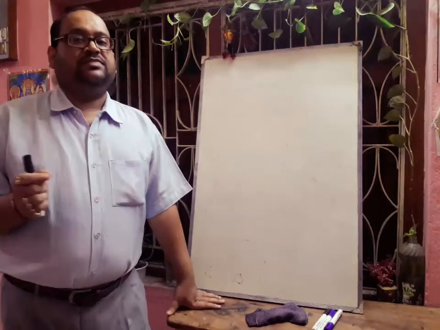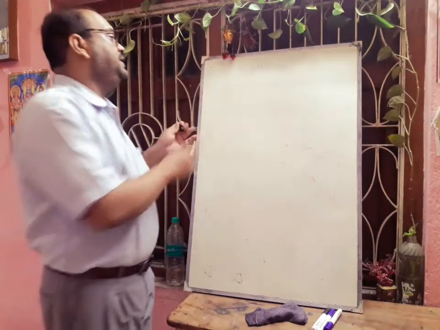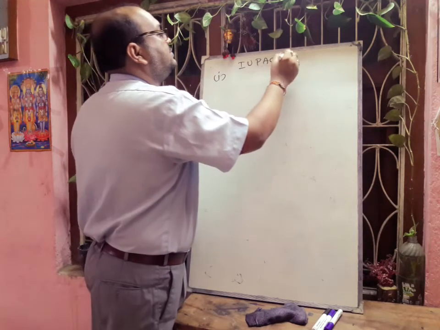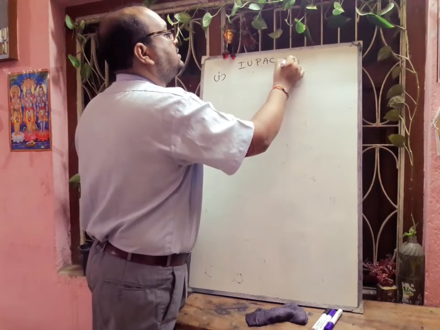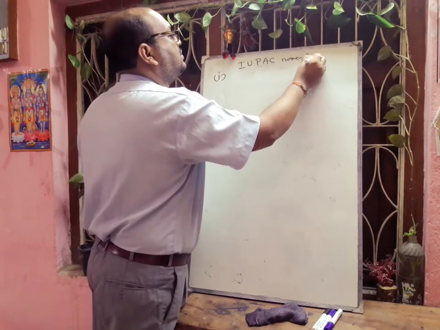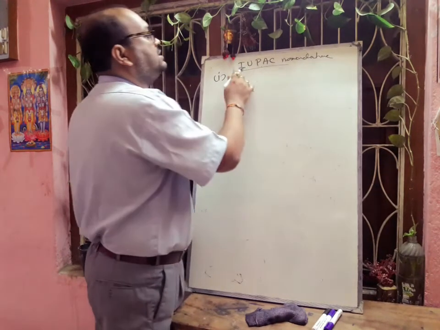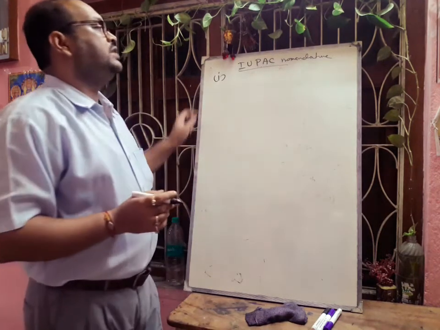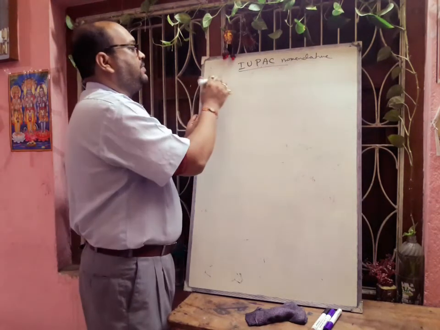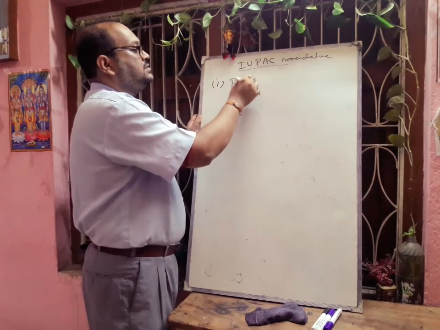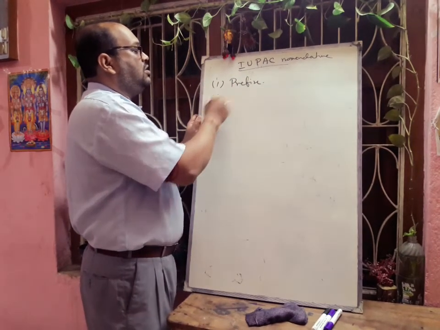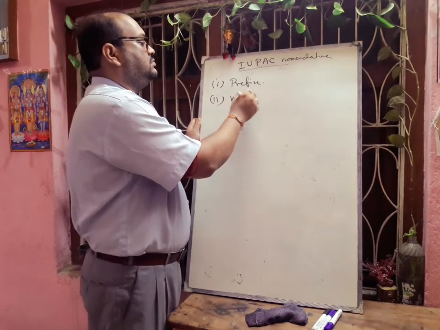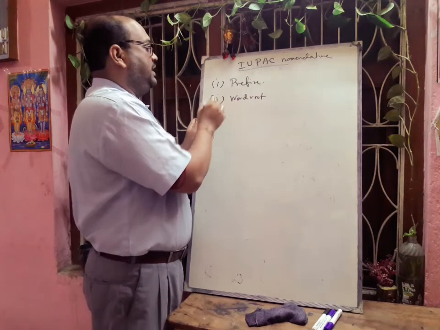IUPAC nomenclature consists of three parts. One is called prefix. Second one is called word root, this is the main chain.